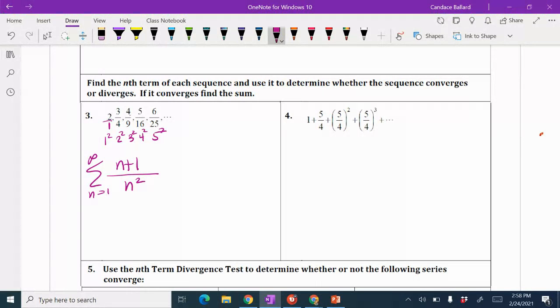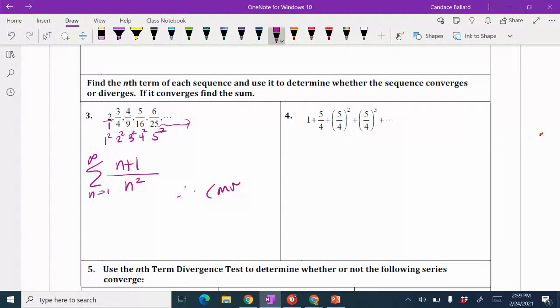The thing that we know about that, though, is that because it's a sequence, it's going to eventually get to an end, okay? Whereas a series goes on forever. It looks like it's getting to a limit, so therefore this will converge.